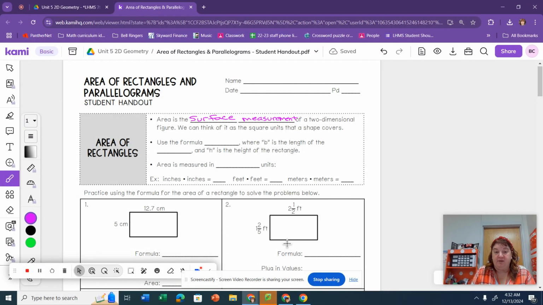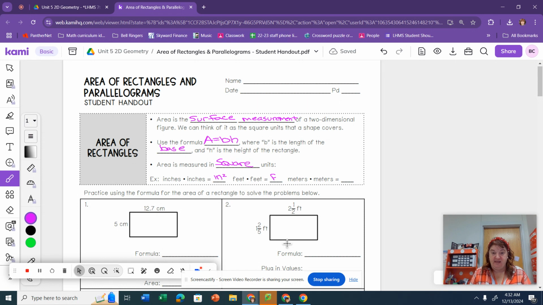You use the formula of area equals base times height, where B is the length of the base and H is the height of the rectangle. Area is measured in square units.